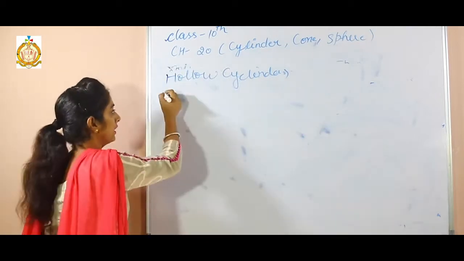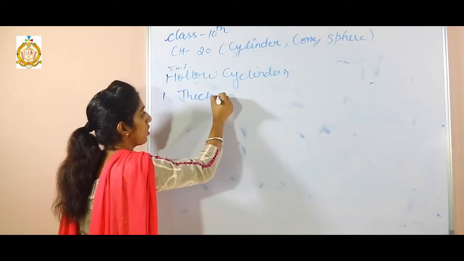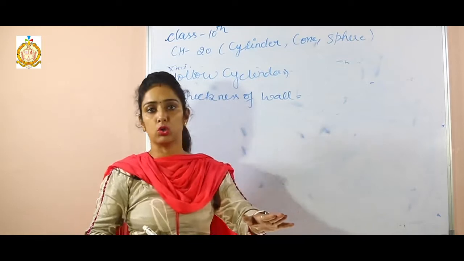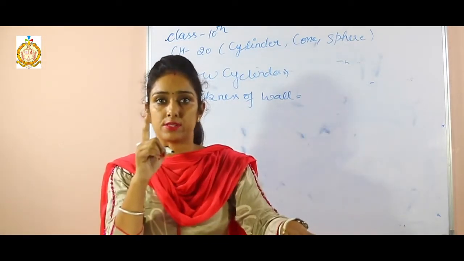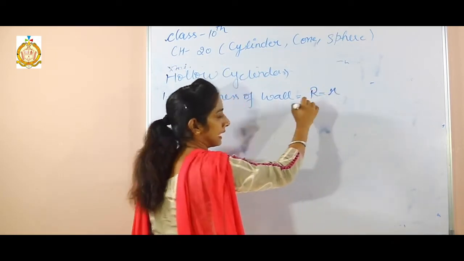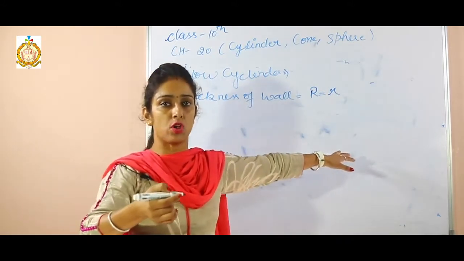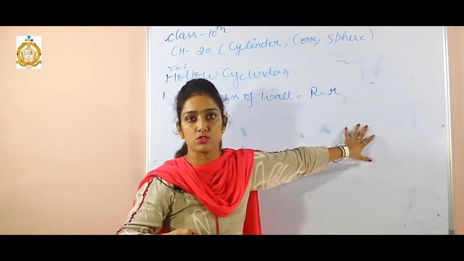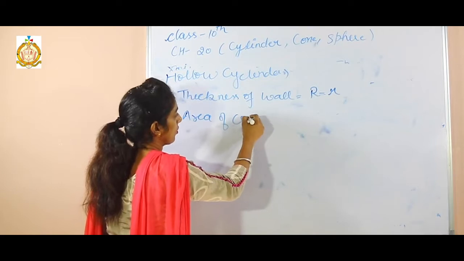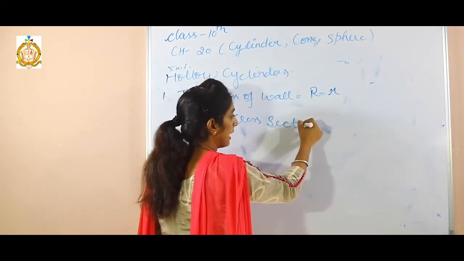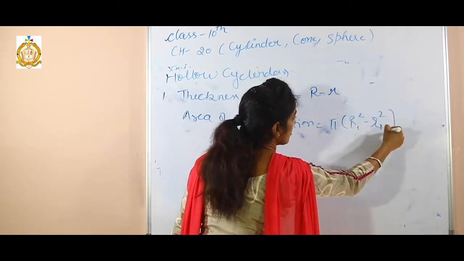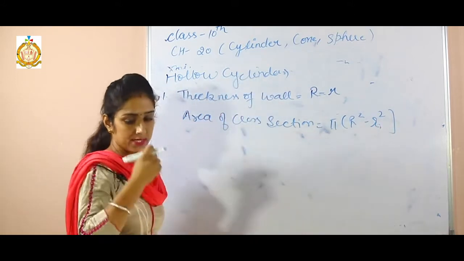So first of all, in this we need to find the thickness of the wall. In a hollow cylinder there are different radii, right? So to find the thickness of wall, that is capital R minus small r, means radius of external minus radius of internal, or area of cross section, that is pi (R square minus small r square), capital R, you can say.